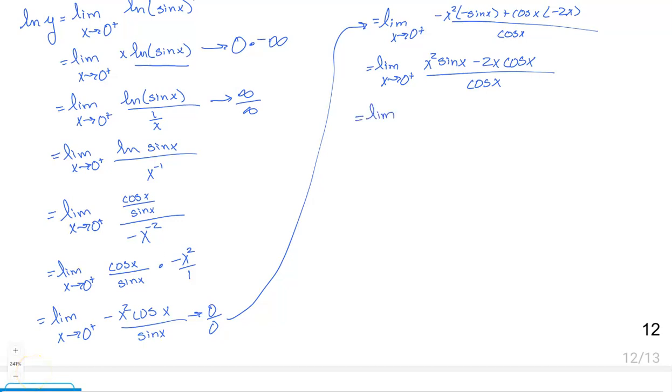Now I'm going to split that numerator. So I have x squared sine of x over cosine of x minus 2 times the limit as x approaches 0 from the right of x cosine of x over cosine of x. So you can see how those are going to cancel. That's why I split it, because I saw the possibility of canceling something here.